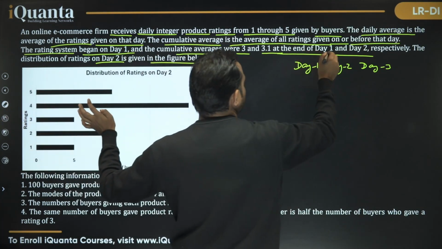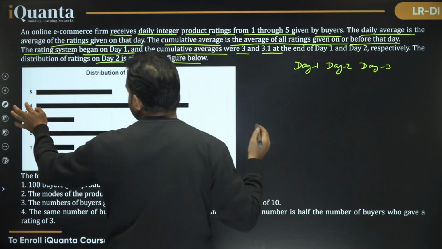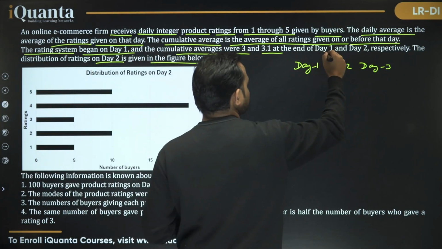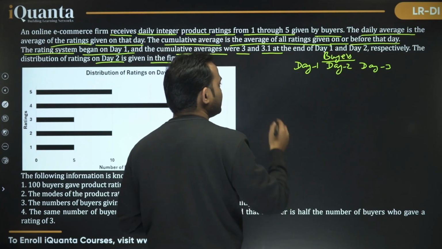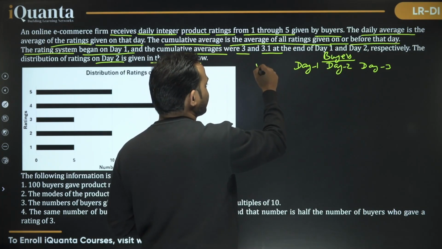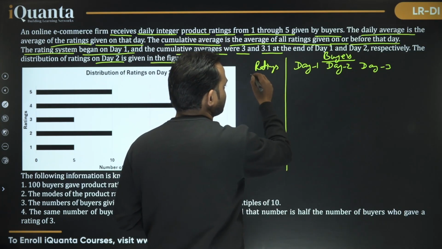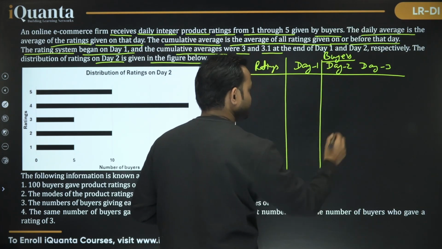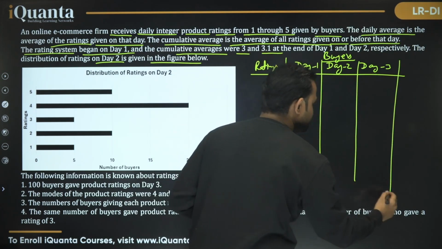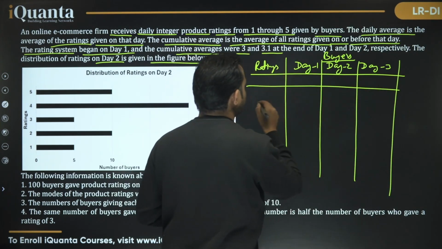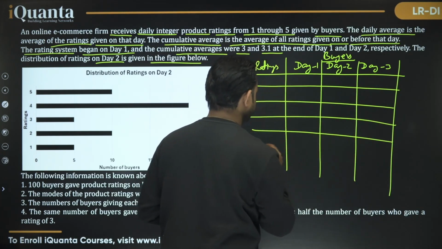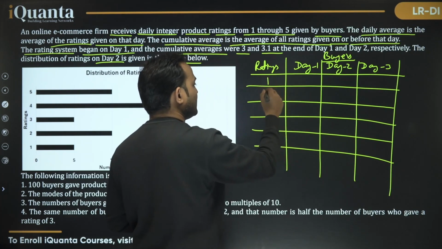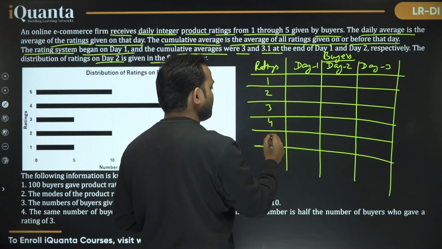We are talking about ratings, we are talking about buyers. So I am writing about buyers here on each day. This is ratings. So something like this. 5 different ratings, right? So rating 1, 2, 3, 4, 5.